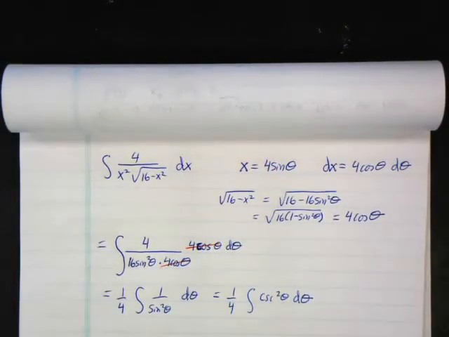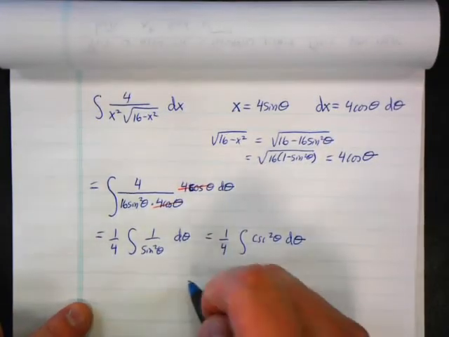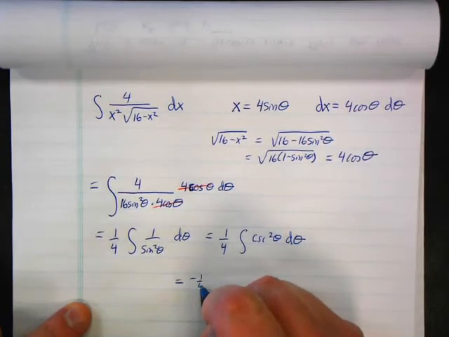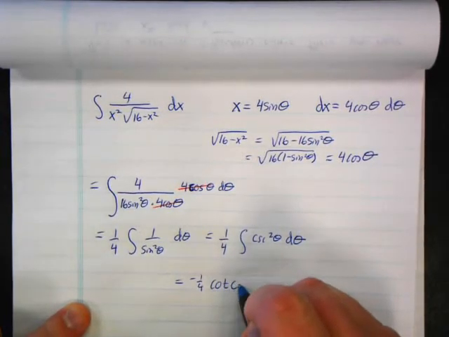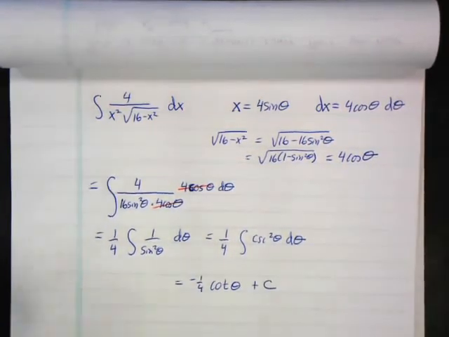And that's one that you were supposed to memorize back in Calc 1. What's the integral of cosecant squared? Negative cotangent, because the derivative of cotangent is negative cosecant squared. So the integral of cosecant squared is negative cotangent. So that's negative 1/4 cotangent theta plus c.